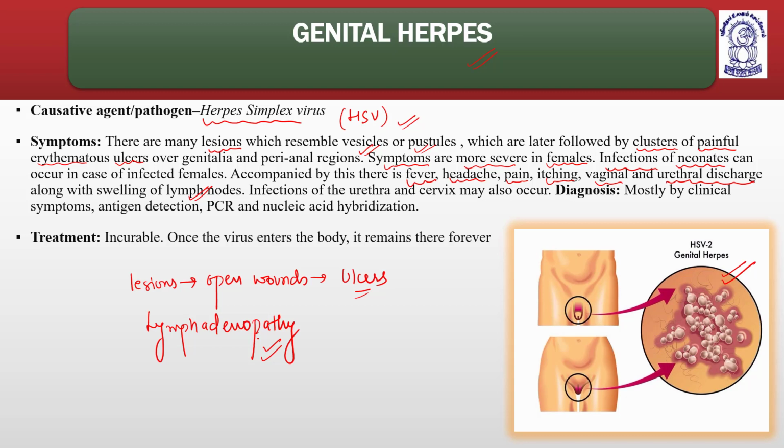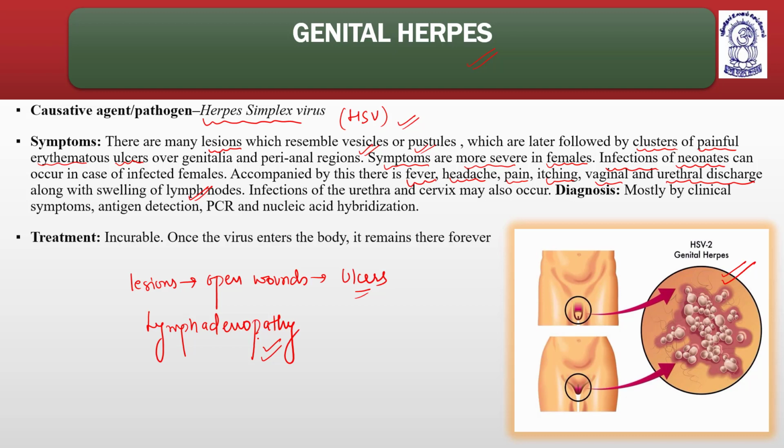Now, next, infections of the urethra. The virus can also involve the urogenital tract, meaning the urethra, and the cervix can also be involved. If an infectious person has sexual intercourse, it can also involve the cervical regions of the females, right?